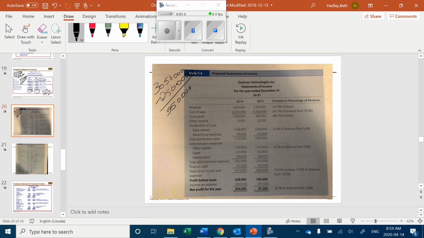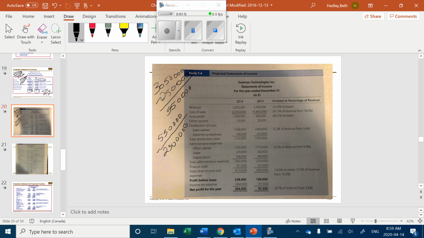And then you divide your 550,000 by your 2.5 million. I'm just grabbing my calculator, so you've got your 550,000 divided by your 2.5 million, and it is showing 0.22. So that is a 22% increase this year, 2014, over last year, 2013.